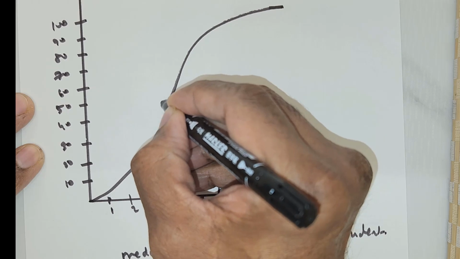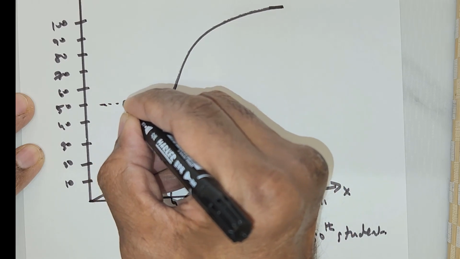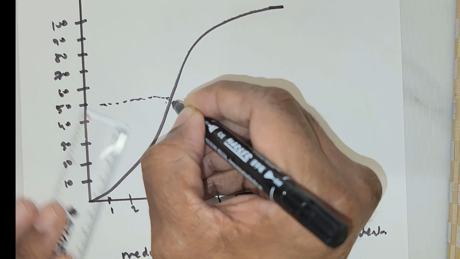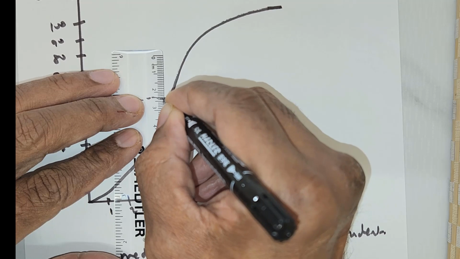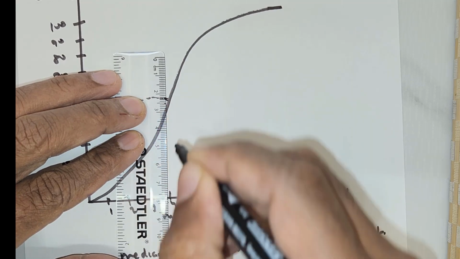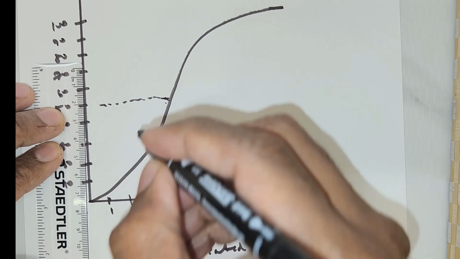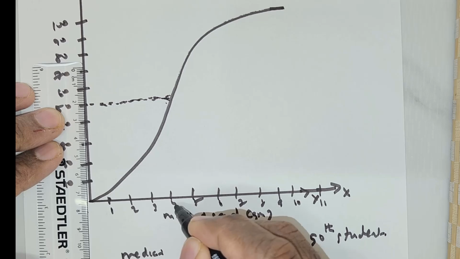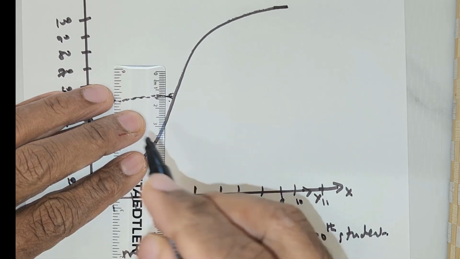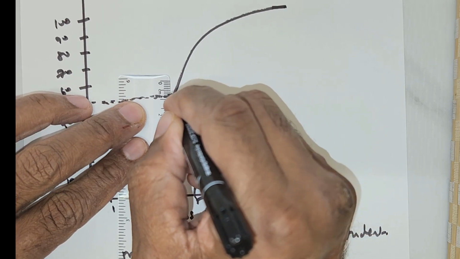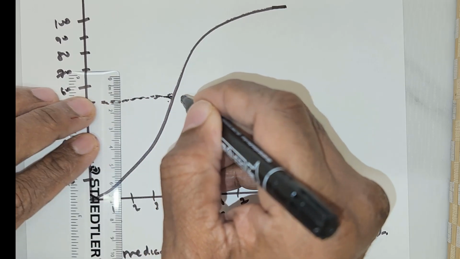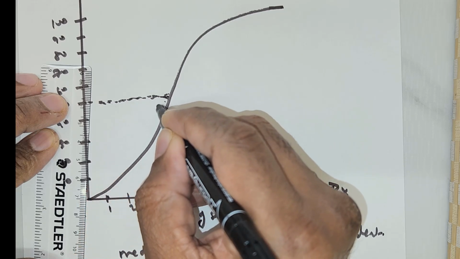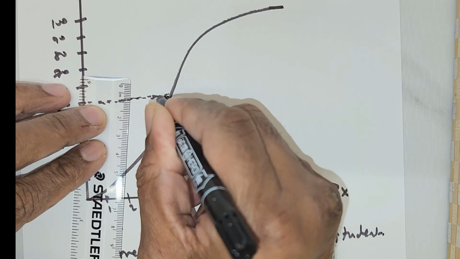So 50 is located over here. So you have to plot this like this and go down to this measurement. Obviously this marking is a little bit way off from the figure. In the actual figure, the 50th mark is falling somewhere over here.